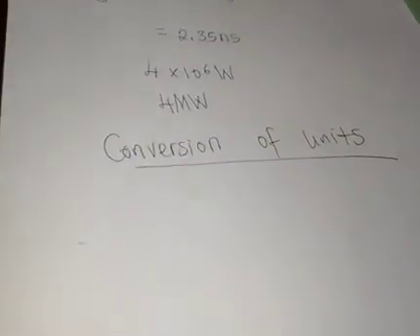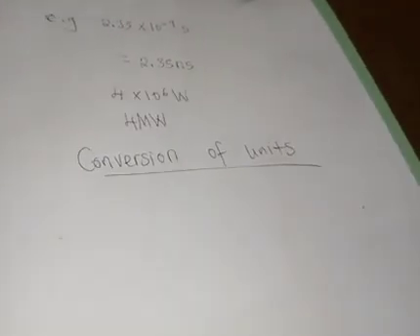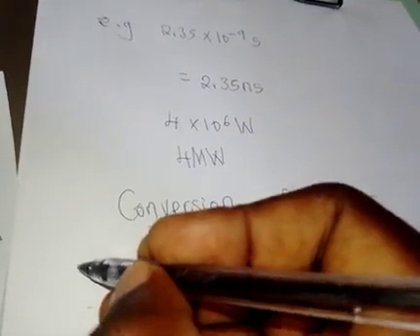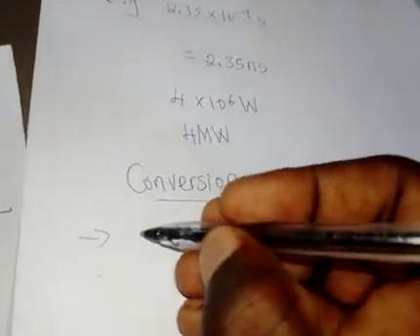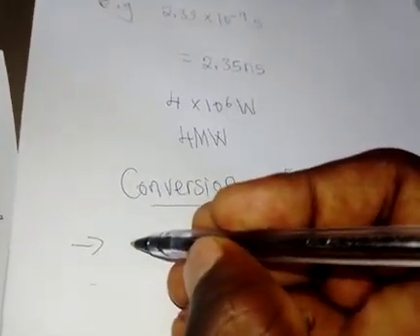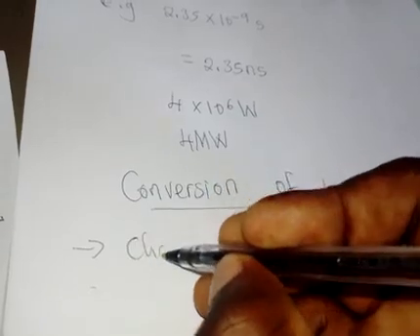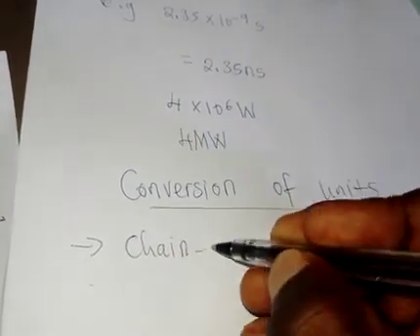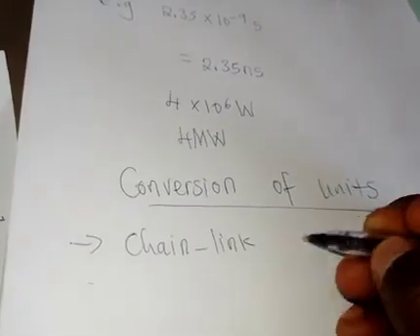Okay, we can now talk about the method that we use to convert these units from one system to the other. It is called the chain link conversion.